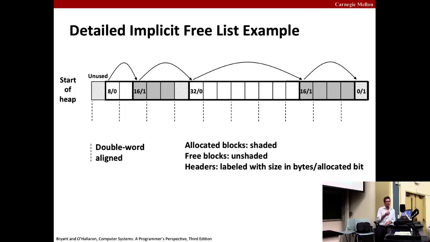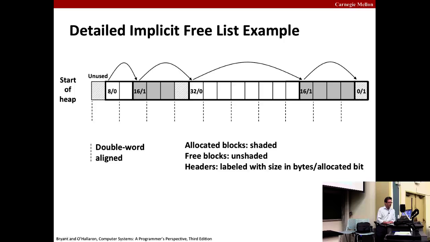All of our blocks have to be a multiple of 8 in size. So here's a case of internal fragmentation, where we have this extra word in order to maintain the alignment requirement. That ensures that the next block's payload starts at an 8-byte aligned boundary, and so on. And so we can walk this heap by just following these headers, masking out the allocation bits.